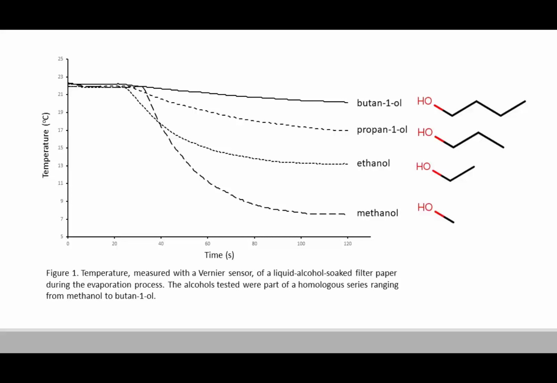It should be clear that the lower the molar mass of the alcohol, the greater the corresponding overall change in temperature. Further, an inspection of the first few seconds of temperature drop shows us that the lower the molar mass of the alcohol, the greater the initial rates of temperature change.